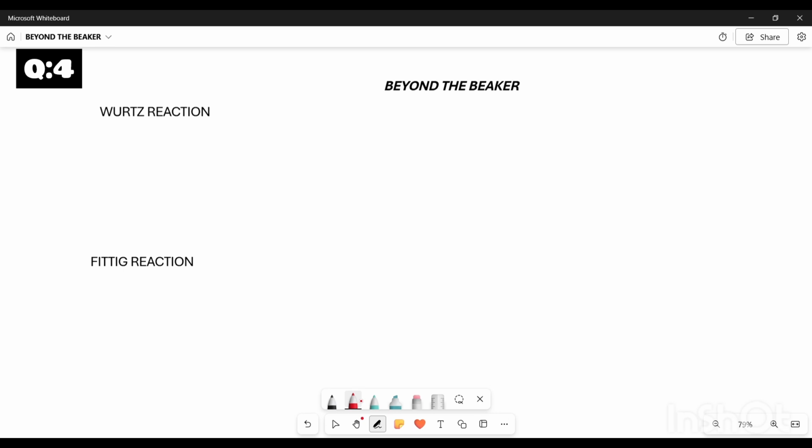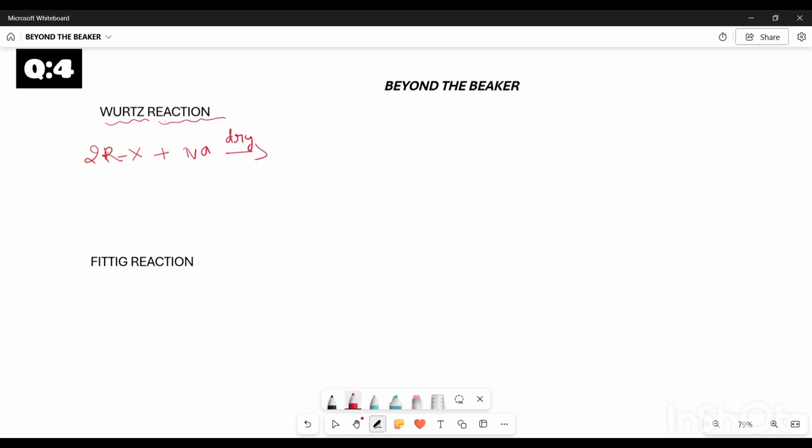For doing Wurtz reaction, we need alkyl halides. Alkyl halides react with metallic sodium in presence of dry ether.